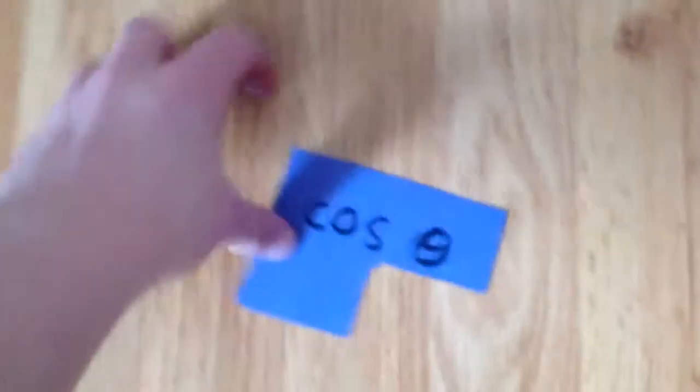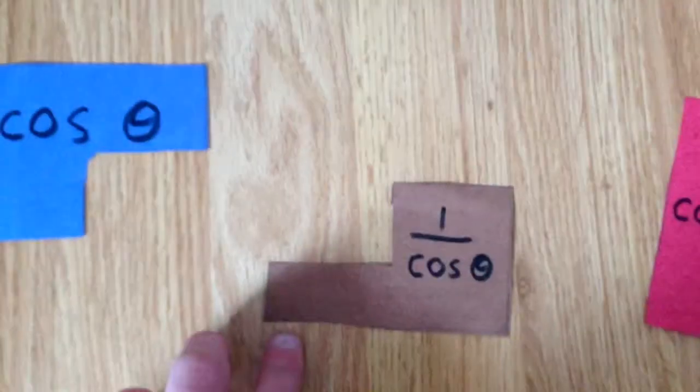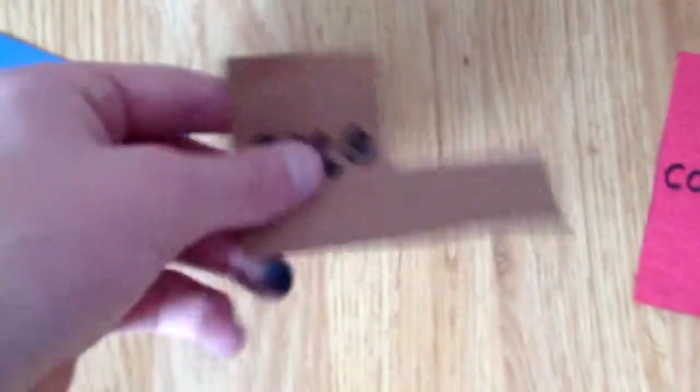Now, over here, we have cosine. Cosine also equals 1 over secant. 1 over cosine also equals secant, so secant also equals 1 over cosine. So, when you put those together, we get a square. But what's this?